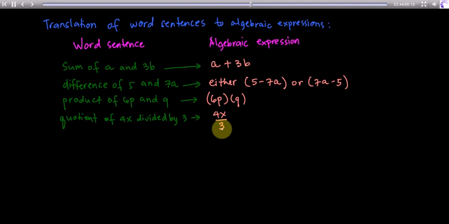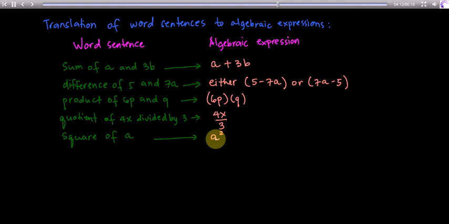Next, square of a. How could we write it? Square of a means we're going to write the a, and square is the small number 2 on the upper right. Actually this means a times a.